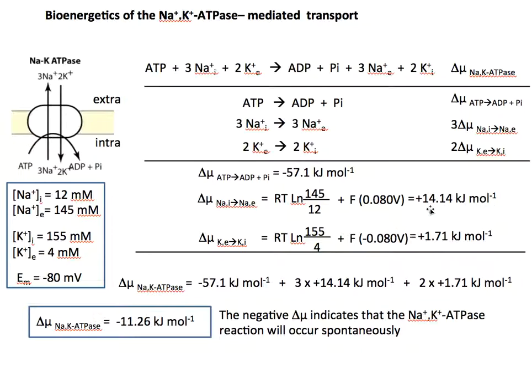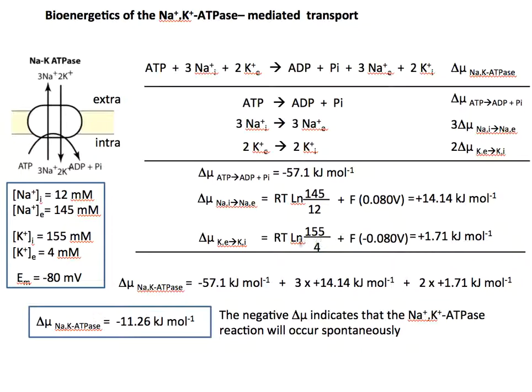That's why this happens. And then RT ln, again, you're moving potassium ions, high inside, low outside. So again, you're going to get a positive value. And then as for the F value here, the F times negative 0.08, you are thinking from the perspective of the final destination. Because you are on the outside, ultimately, that's why it's going to be positive here.